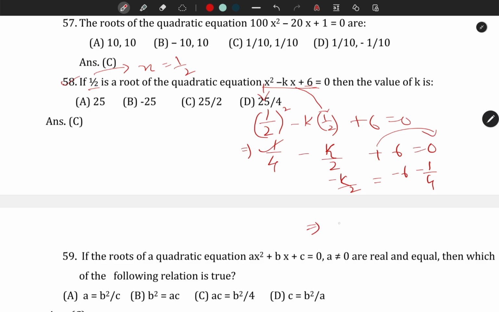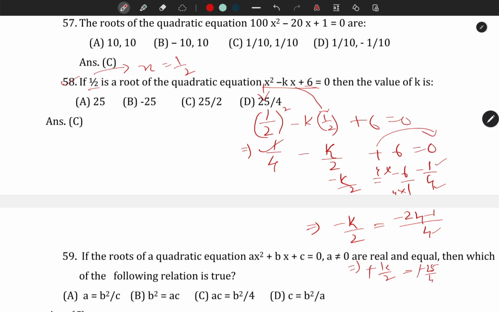As the next line, we'll get minus k by 2. If you take LCM here, it will be 4. Here the denominator is 1, so 1 multiplied by 4 will become 4, and 6 will multiply with 4. 6 fours are 24, minus 1, with the same LCM 4. So minus k by 2 will be minus 25 by 4.